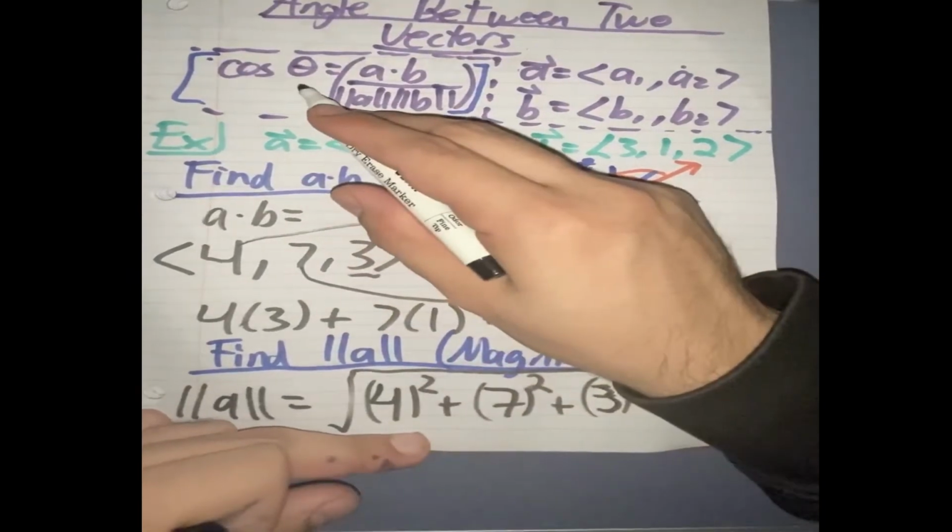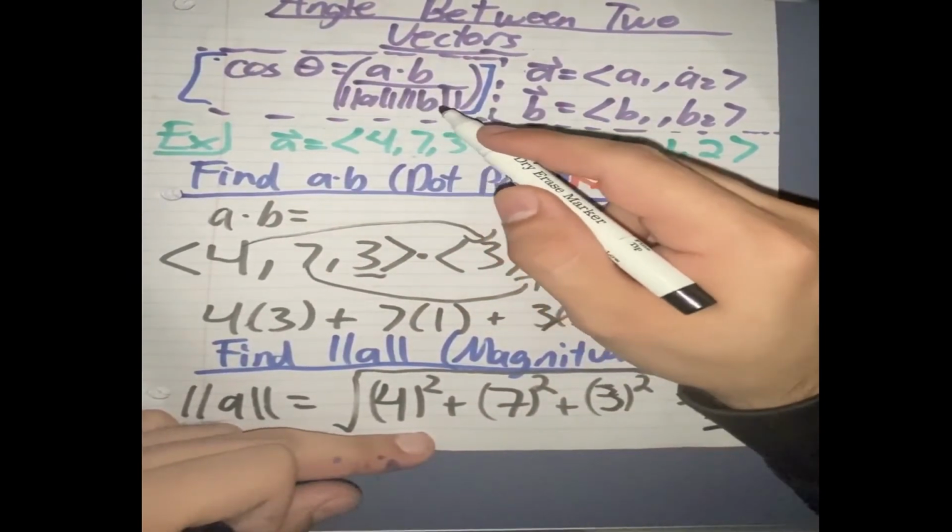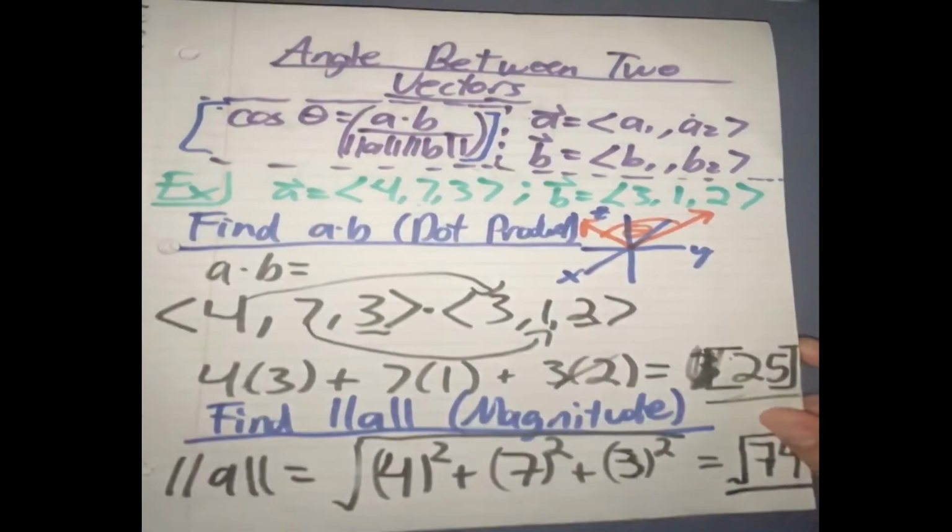But to solve for theta, we still need the magnitude of vector B. So we basically apply the same thing.